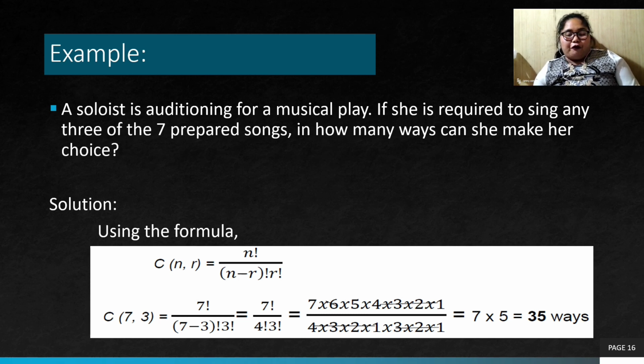We will cancel 4 times 3 times 2 times 1, and also cancel 3 times 2 times 1 and 6, because the result of 3 times 2 is equal to 6. The remaining numbers in the numerator are 7 times 5. Therefore, 7 times 5 is equal to 35. In short, there are 35 ways she can make her choice.